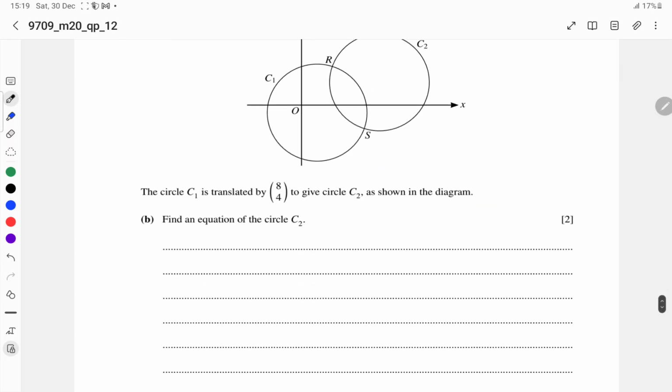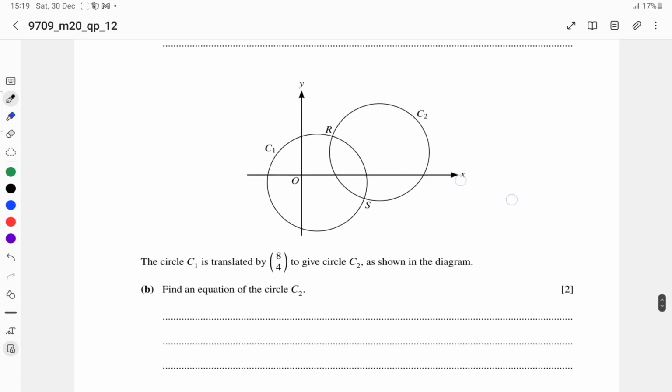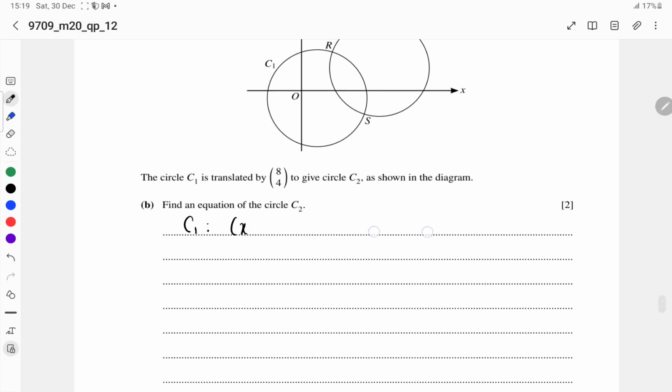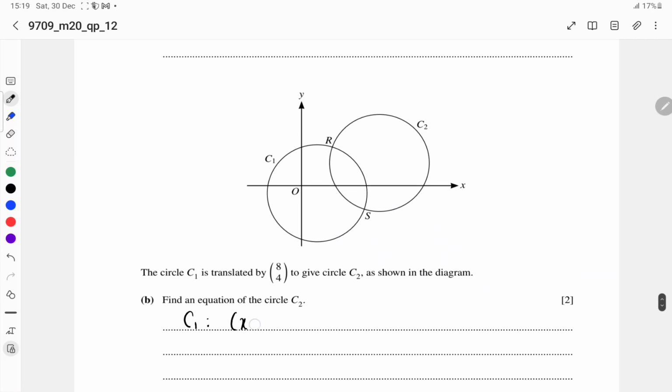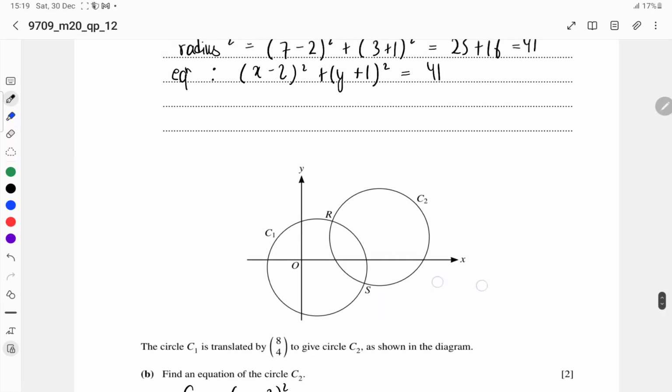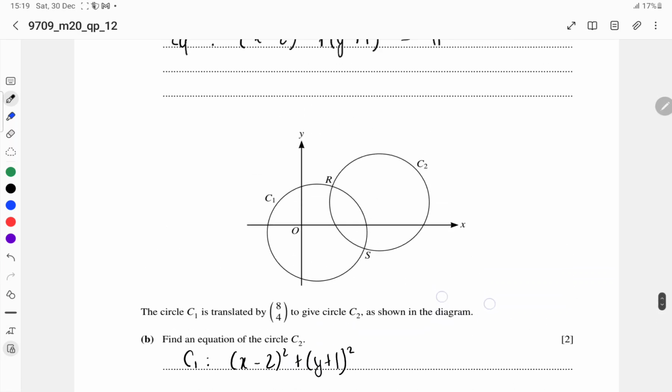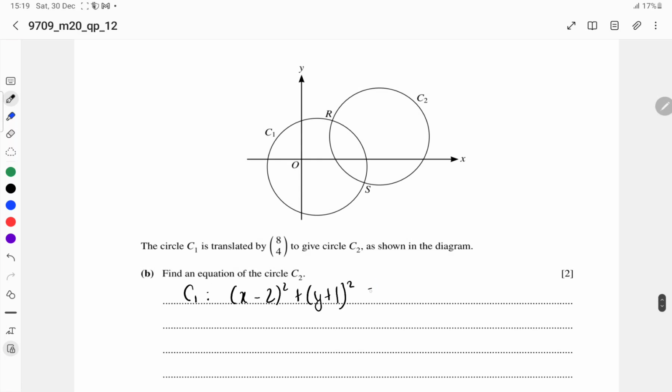Then the circle C1 is translated by (8, 4) to give circle C2, and we need to find the equation of the circle C2, right? The circle is translated by (8, 4), so we can use the knowledge of functions. We have the original equation of C1, (x − 2)² + (y + 1)² = 41, right?